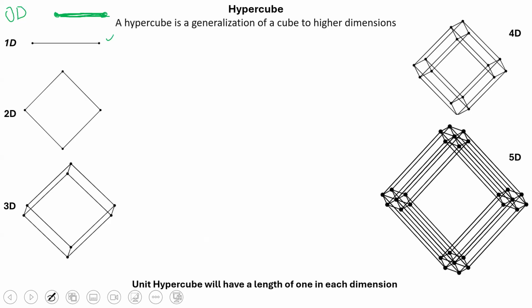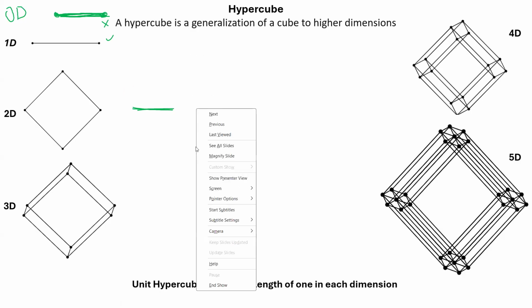Now I have to extend this along another dimension. I extended this along the x-axis. If I extend the same line along the y-axis, I just have to drag it along the other axis.